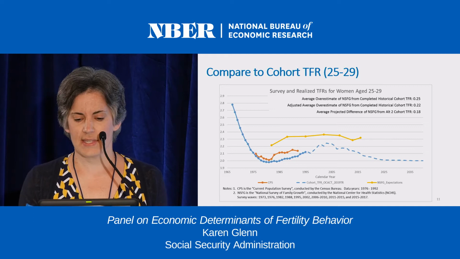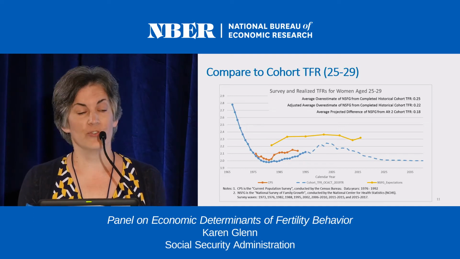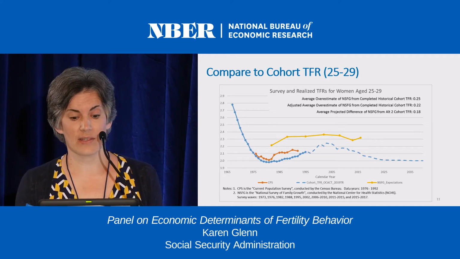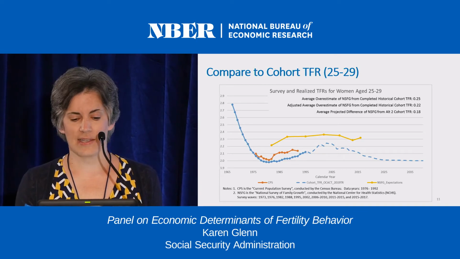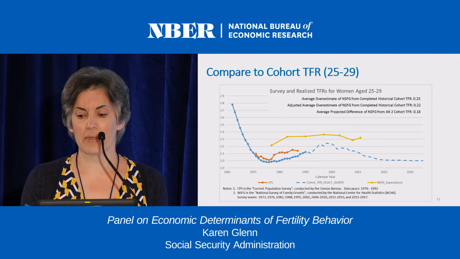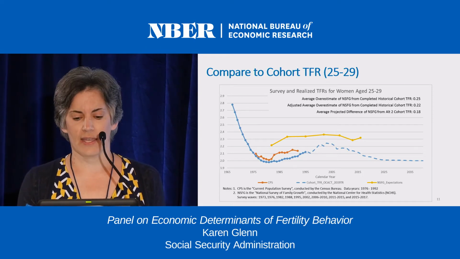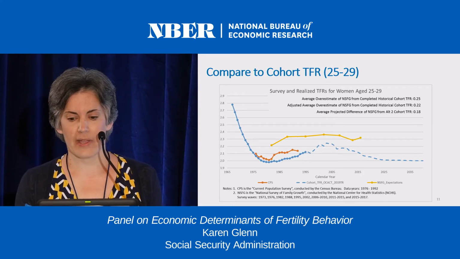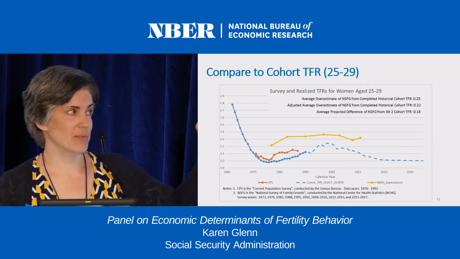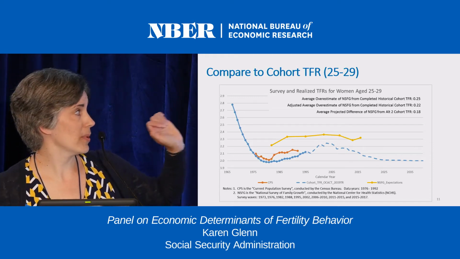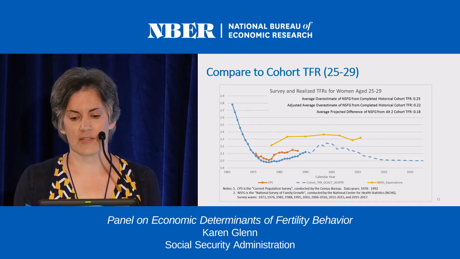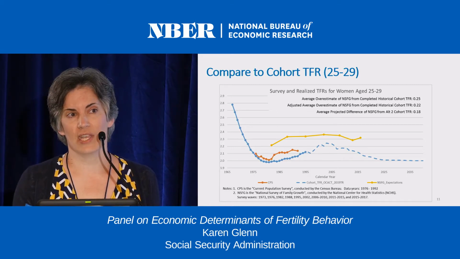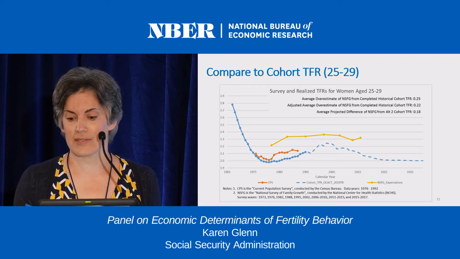So what you can see here is that women do tend to overestimate the number of children they will have, but it's relatively steady. It's at about 0.2, maybe a little bit more than the actual number of children they will have. We did a couple of comparisons. You'll see the numbers at the top. The 0.25 is the average overestimate for women who have already reached age 49, so childbearing is complete.